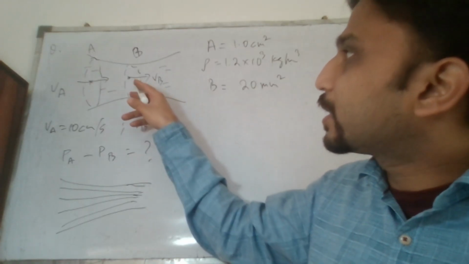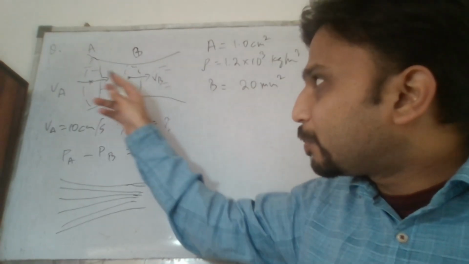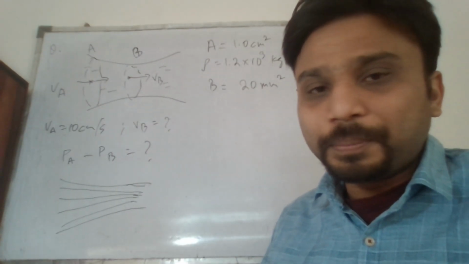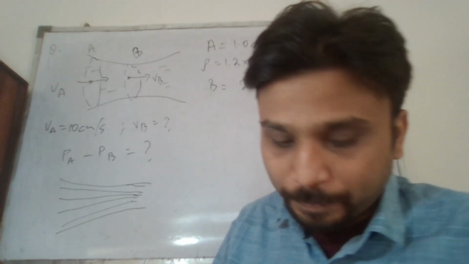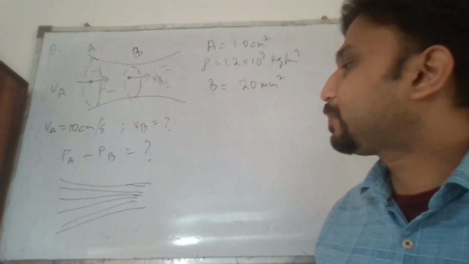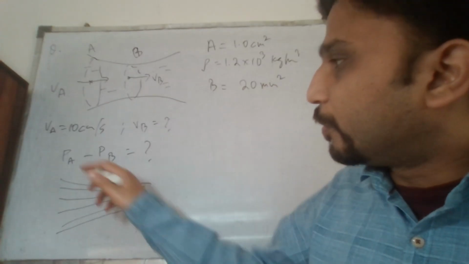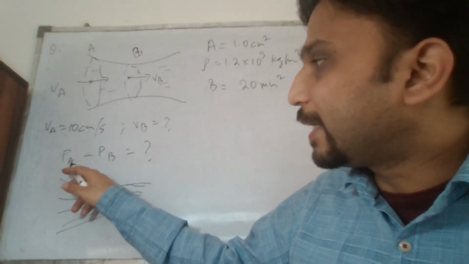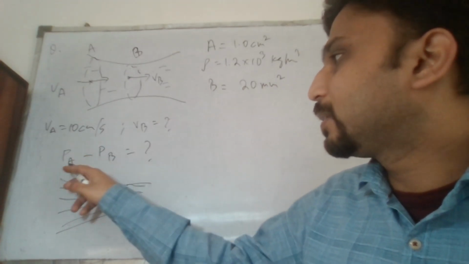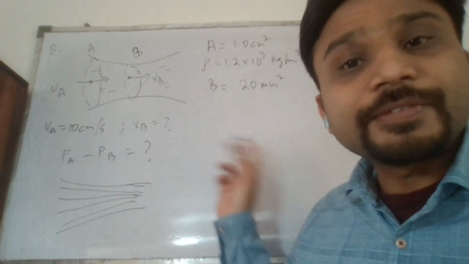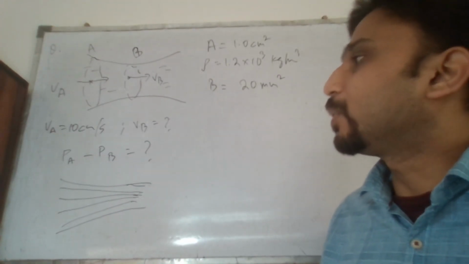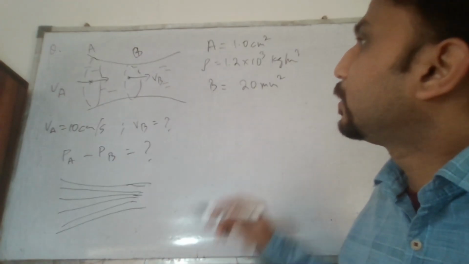So pressure at point B will be lesser and pressure at point A would be more. So using that, I have written pressure at A minus pressure at B as the pressure difference which we have to find, because PA is more than PB.